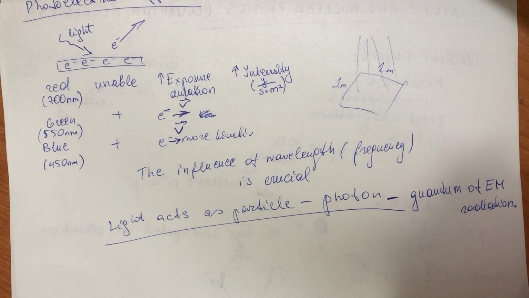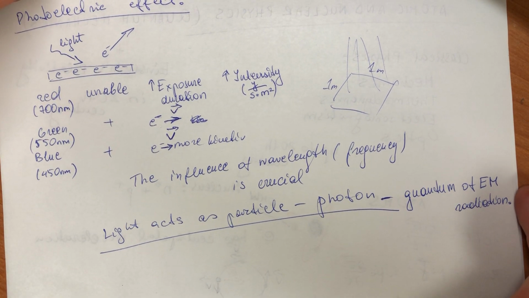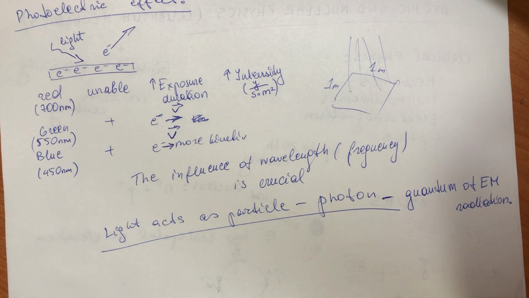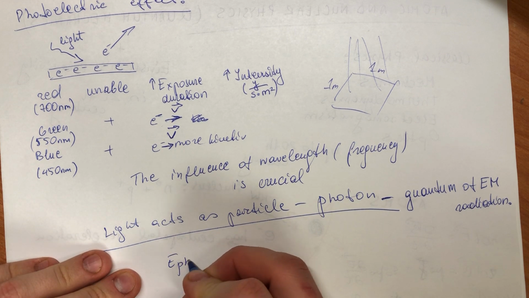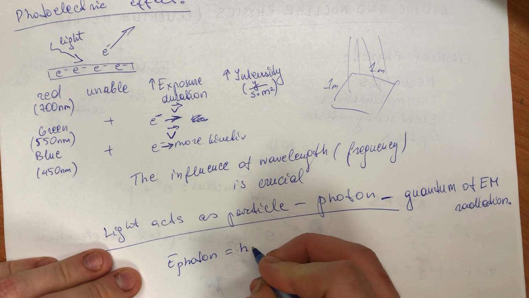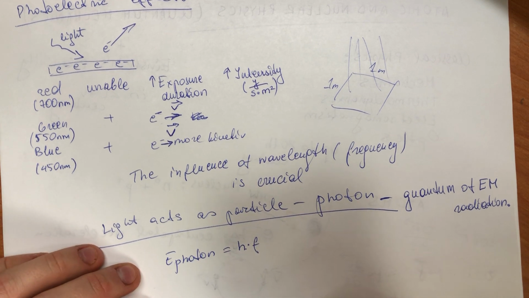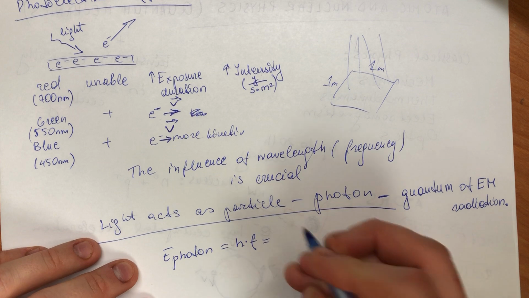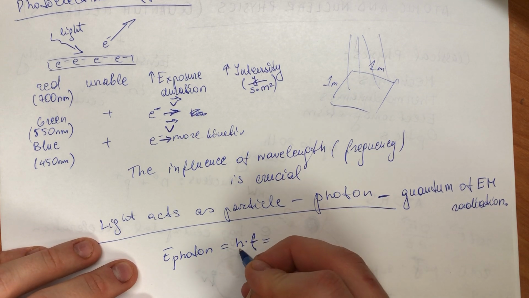So quantum means something is quantized. Quantized means it has discrete amounts. Yes, discrete amounts. Not continuous, but discrete. And a photon has energy, so the energy of a photon would be h times f, where h is Planck's constant.